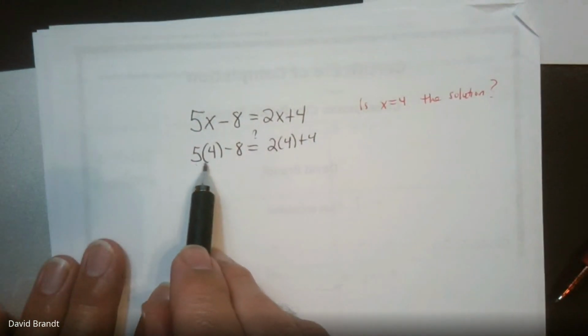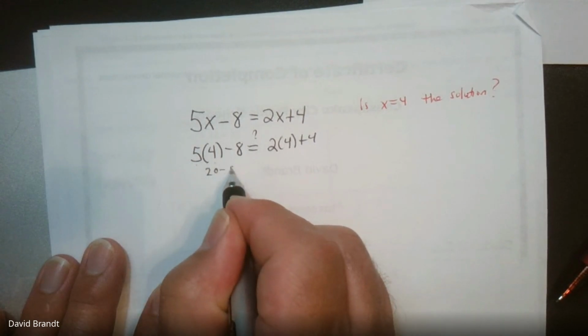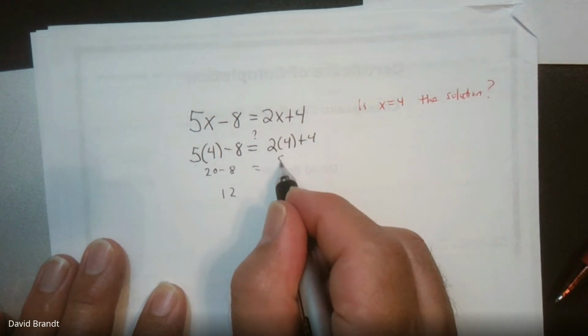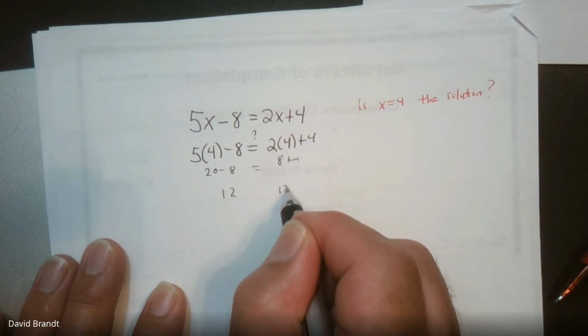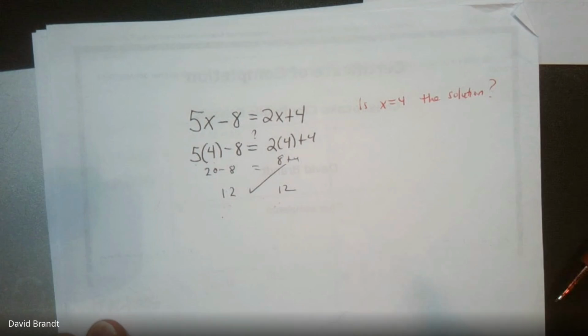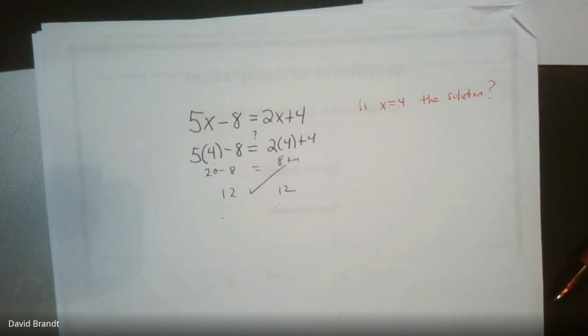Well, on this side, 5 times 4 minus 8, that's 20 minus 8. That is 12. On this side, we get 8 plus 4, and guess what? That's 12. We get the same thing on both sides. That's why x equals 4 is the solution in this case.